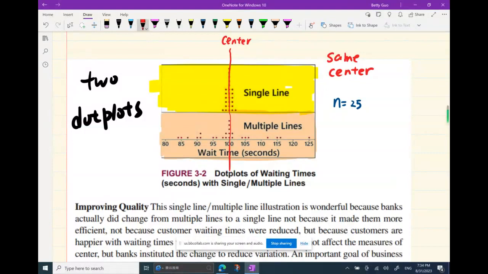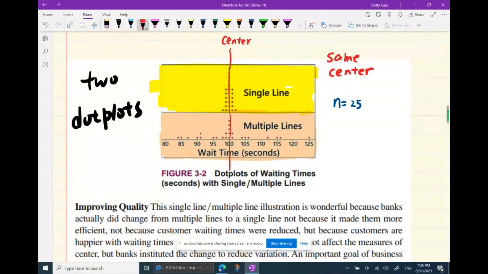The minimum waiting time is around 98 and the maximum is 102 seconds. Very consistent. In the second case, even though the average waiting time is the same, sometimes I might only need to wait 85 seconds, but next time I might have to wait almost 2 minutes, right?